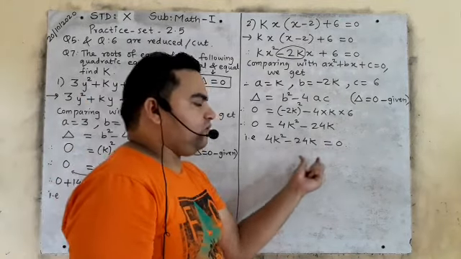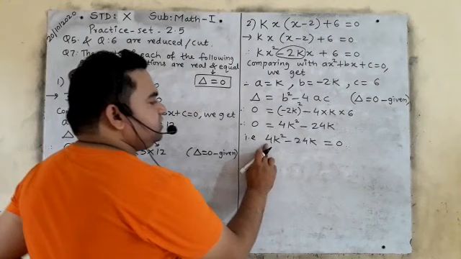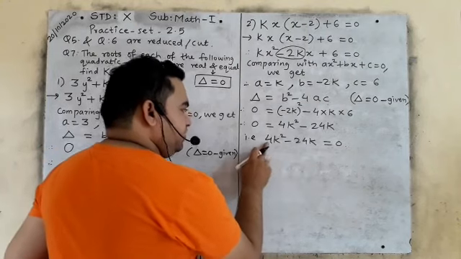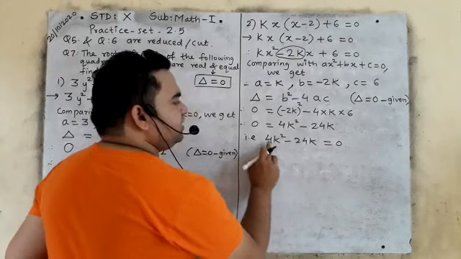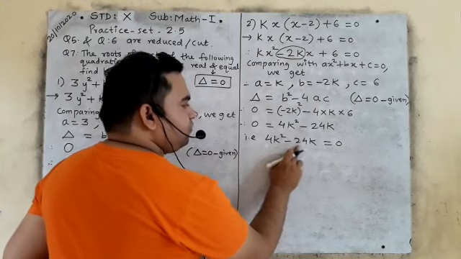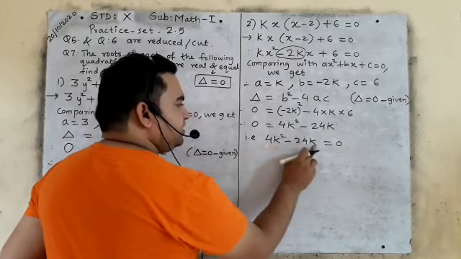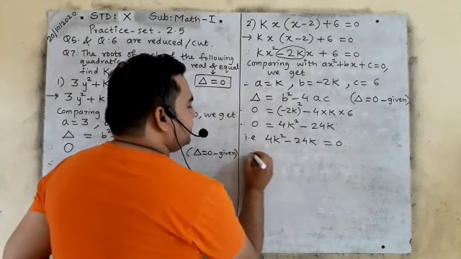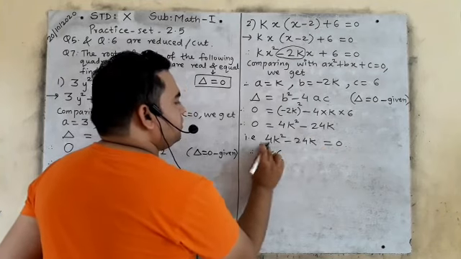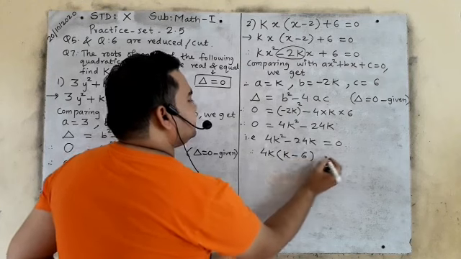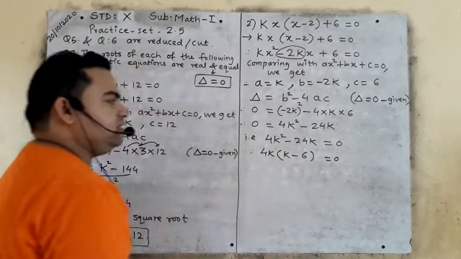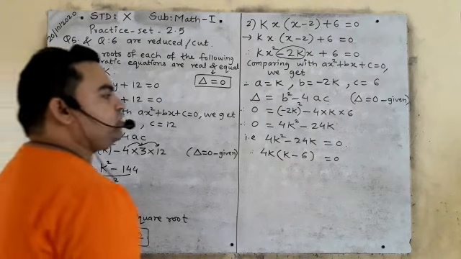Now there is something common. Can you see 4 is common over here, in the 4 times table 24? And k is common: here k twice, here k once. So 4k will be common. What is left from here? k minus 6 is equal to 0. Yes or no?